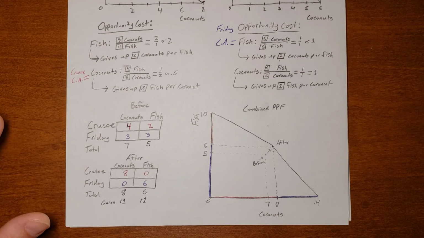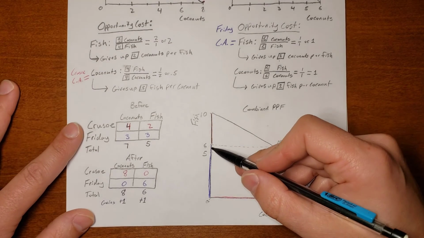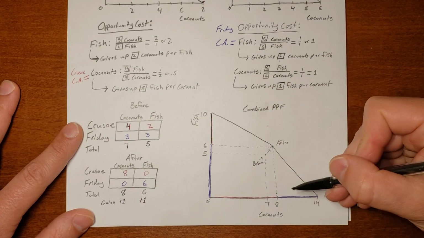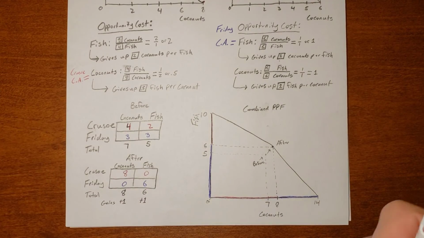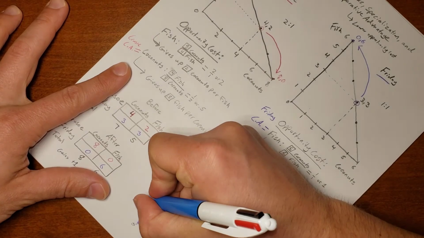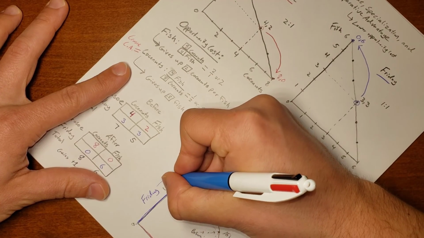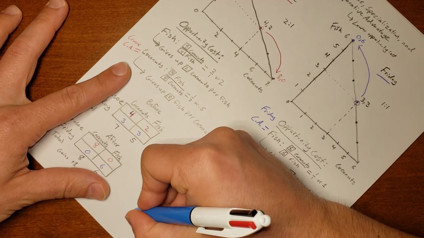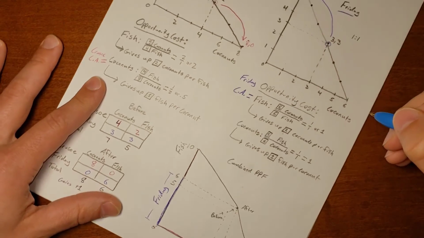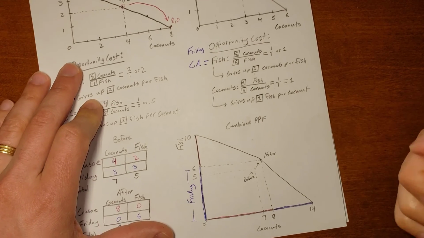If we were producing 6 fish and 8 coconuts, we would have Friday producing all of the fish up to the 6th fish.